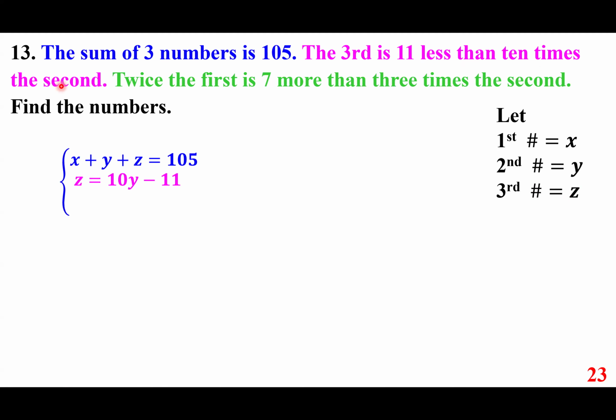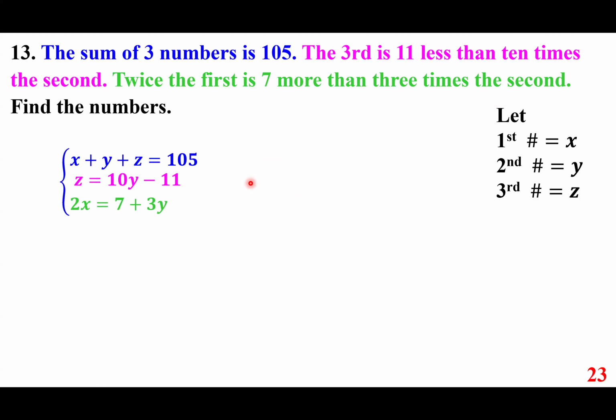And finally, twice the first, 2x, equals 7 more than 3 times the second, 7 plus 3y. So we have all three equations, and we'll find a way to solve them the fastest and easiest way.